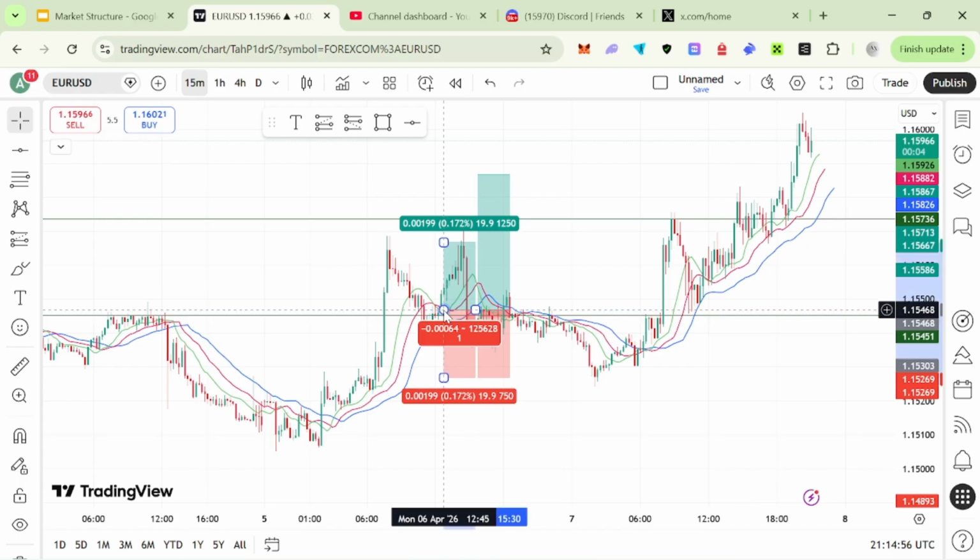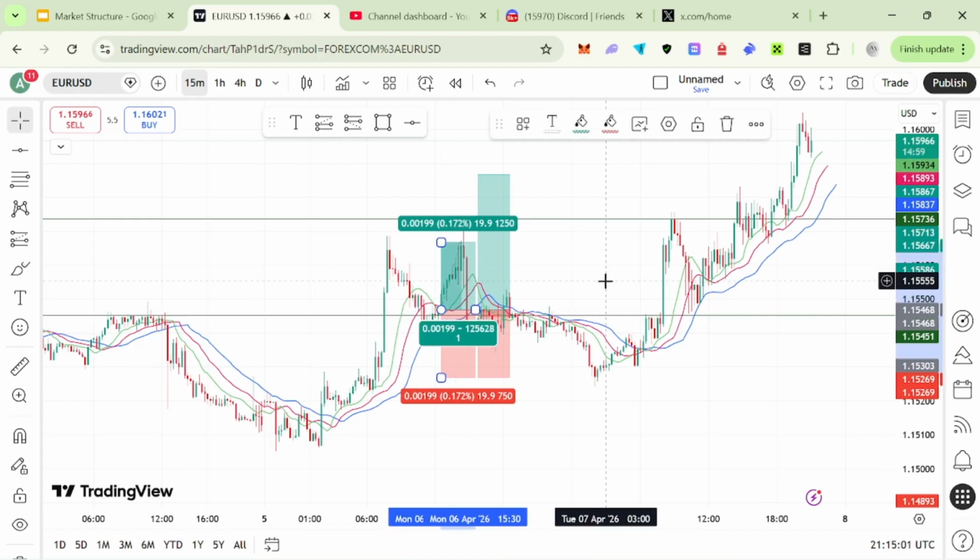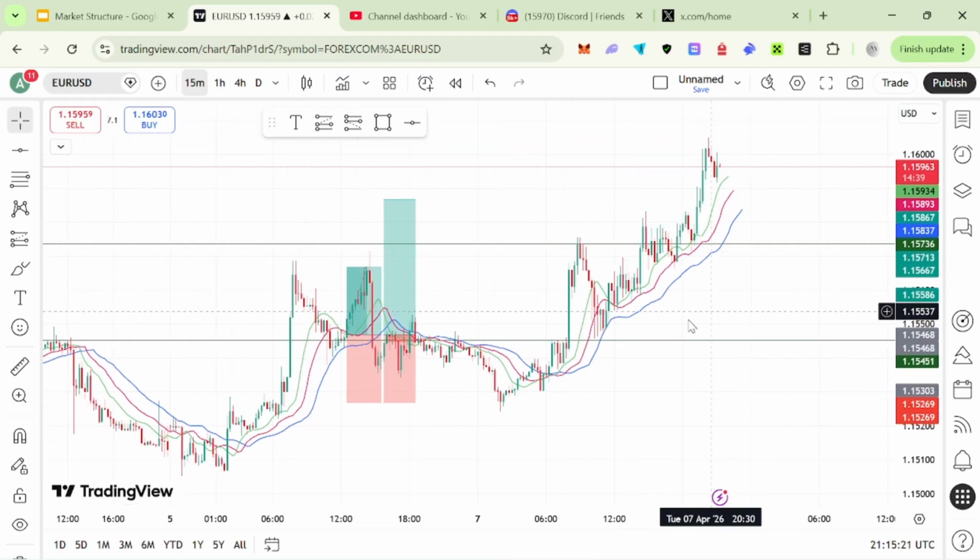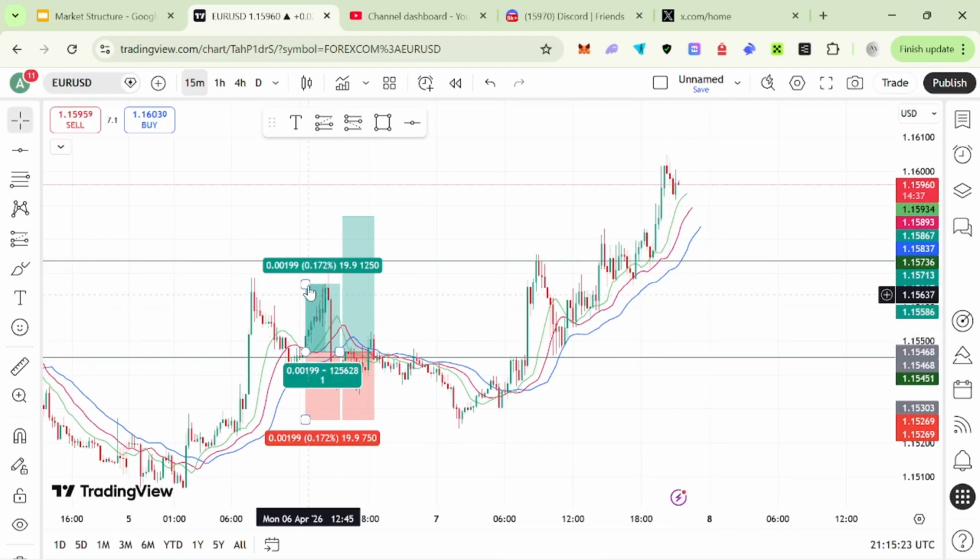Let's say you entered at this point. I'm just giving an instance, this is not necessarily how I enter the market. We'll get on that over time. Let's say this was a point of entry and you got in at this point. So this is a 1-to-1 risk to reward.